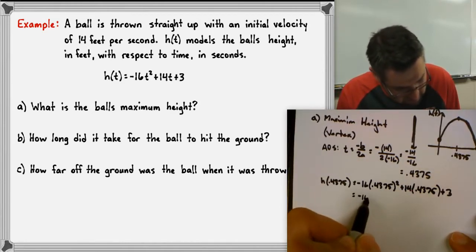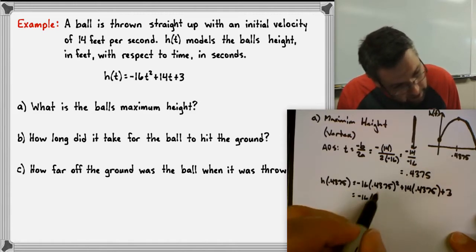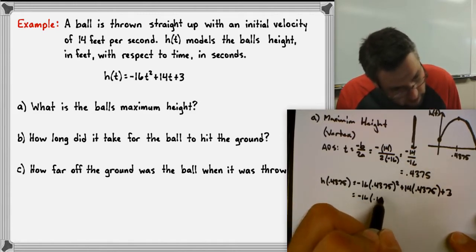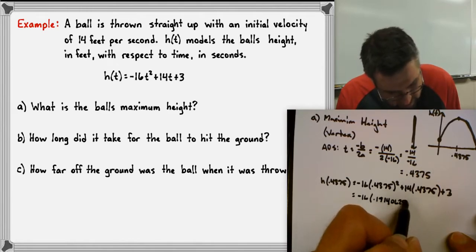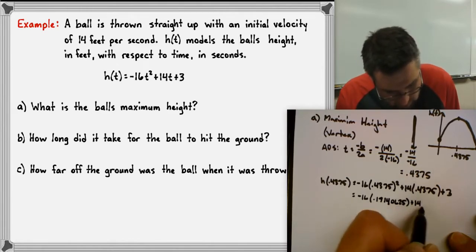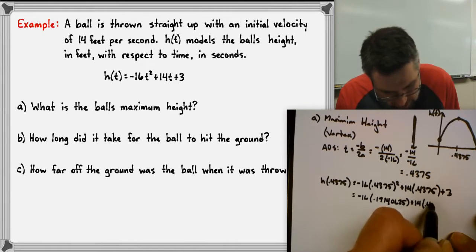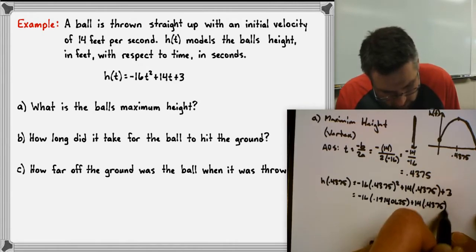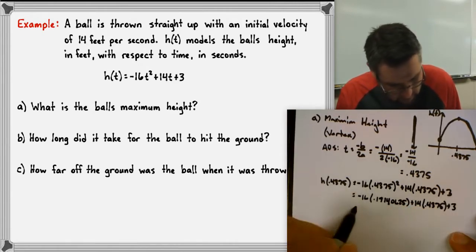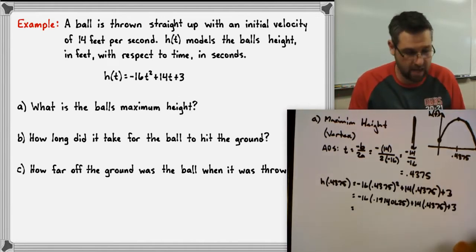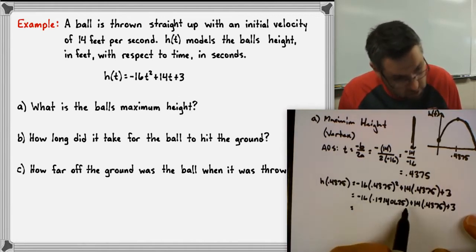So this would be negative 16 times 0.19140625. Okay, notice I'm writing down all the digits because we're looking for a very accurate number here. We'll round at the very end, okay?